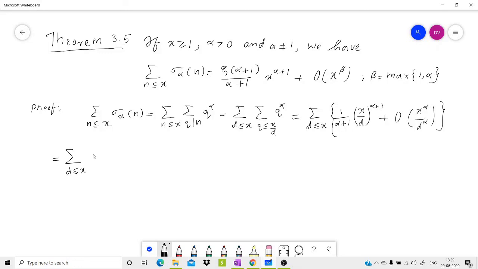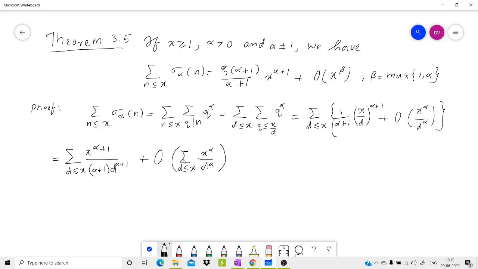So that will be written as x raised to alpha plus 1 divided by alpha plus 1 times d raised to alpha plus 1, and if the summation is distributed over this, we can write it as O of summation d less than or equal to x, x raised to alpha by d raised to alpha.